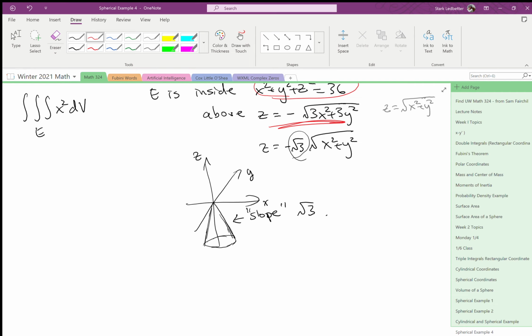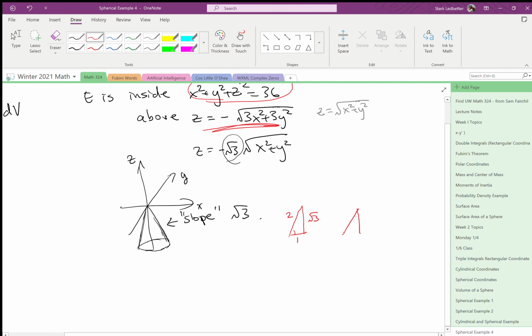What does that mean? If you have a slope of root 3, that seems like a pretty familiar number, right? You can think of this triangle. I think the triangle we should be looking at is 1, root 3, 2. A lot of people teach it as this other one, root 3 over 2, 1/2, 1. They're similar triangles. One is double the other one.